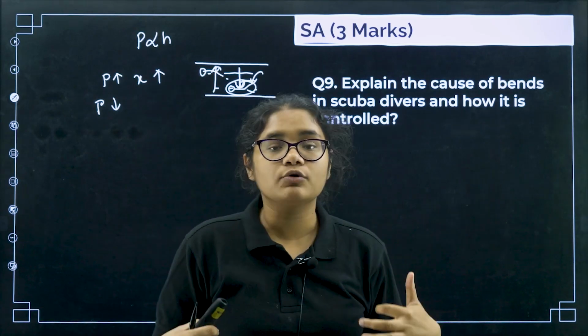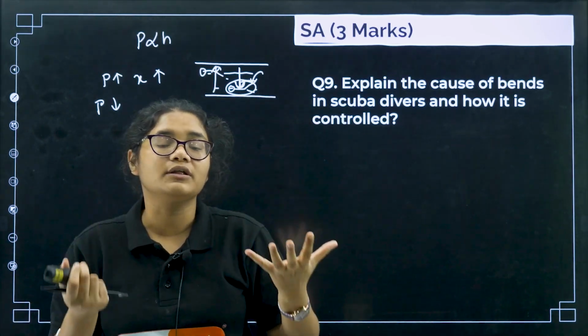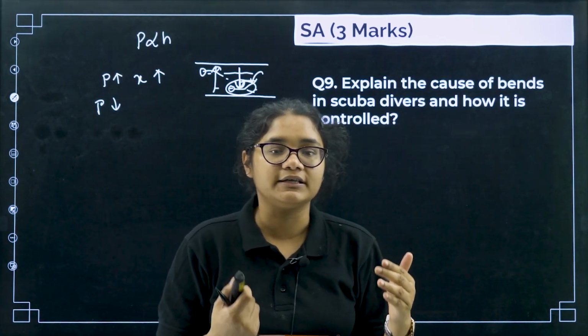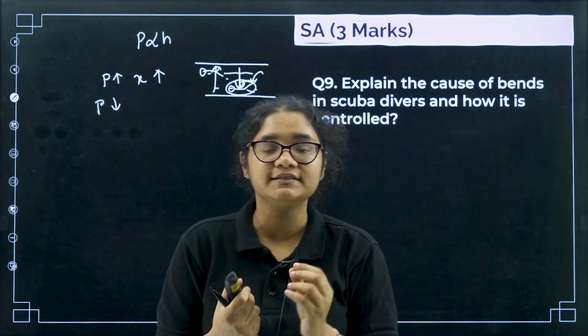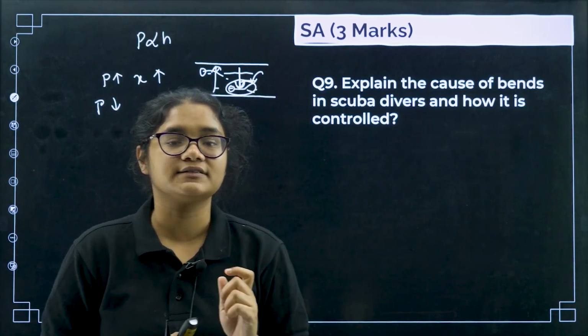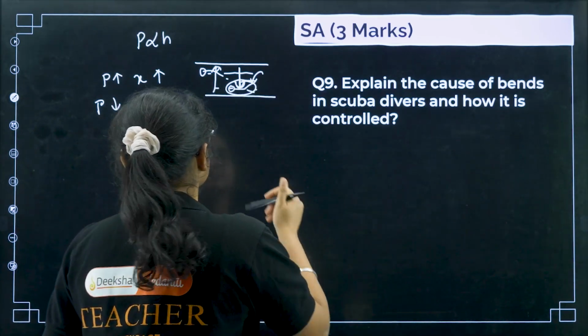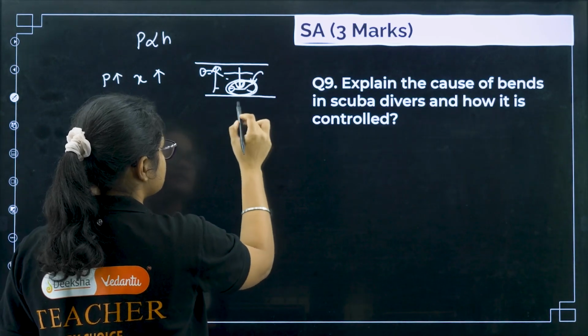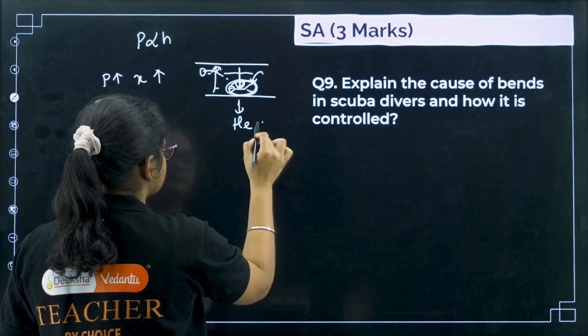So whatever N2 got dissolved in the blood will come out in the form of bubbles. These bubbles can block the capillaries and blood veins, which causes severe pain for the scuba diver. So it is recommended that the oxygen cylinders of scuba divers be mixed with helium gas.